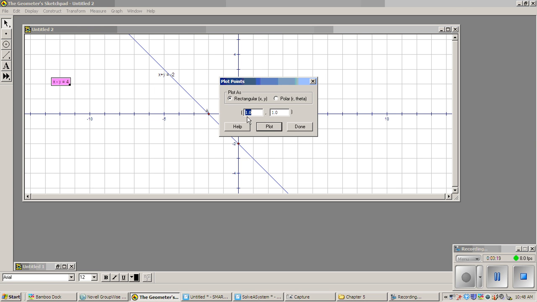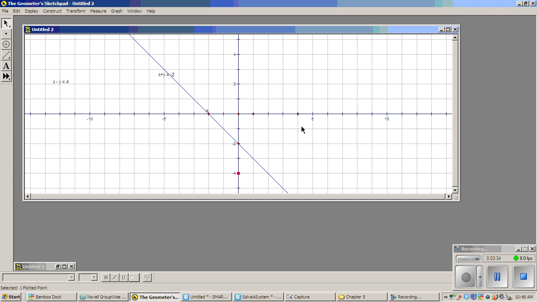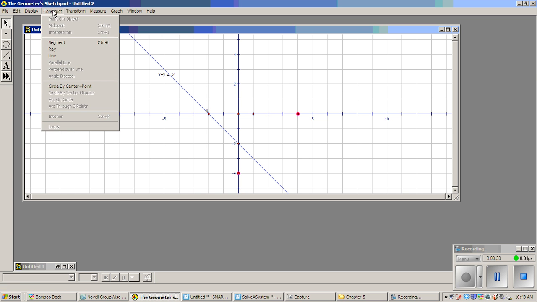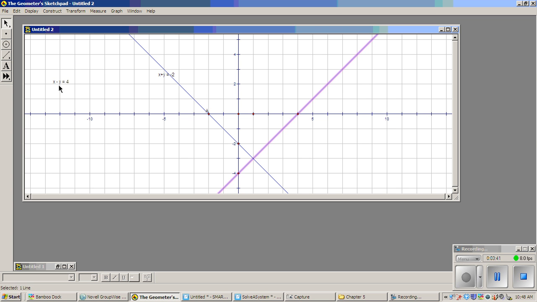I know that when x is 4, y is 0, so I'll plot that point. And I know if x is 0, y is -4, so I'll plot that point. And now I'm just going to take those 2 points and construct a line between them, and there's my line, x minus y is equal to 4.